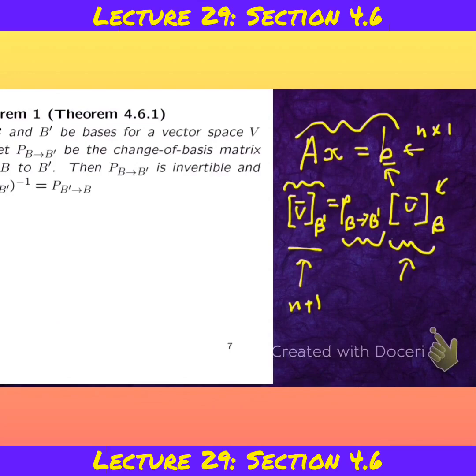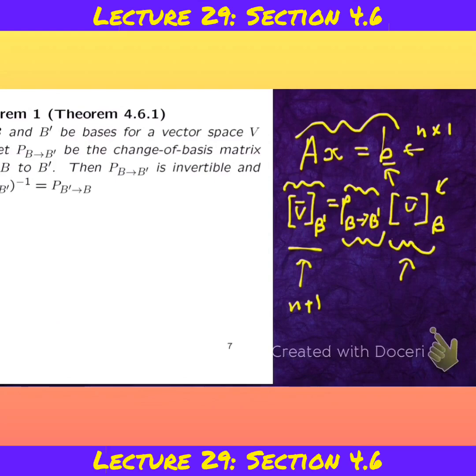Taking the inverse of this matrix on both sides, we can then just switch the B and the B prime, follow a symmetric argument, and solve for the coordinate vector of v with respect to the basis B in terms of the coordinate vector of v with respect to the basis B prime.